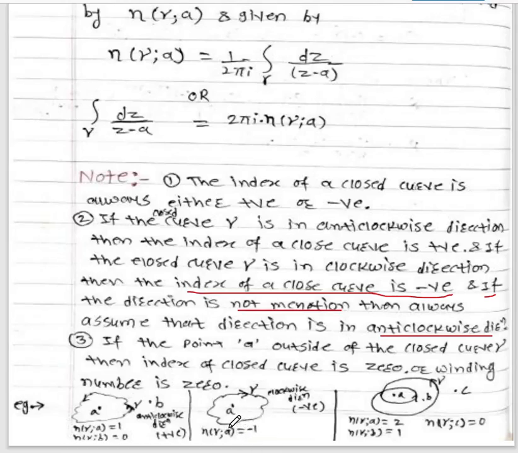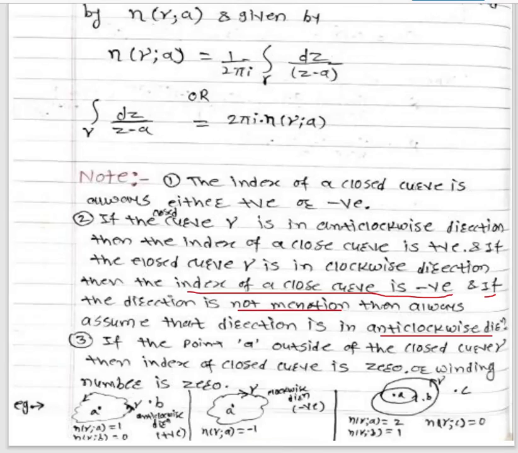Here point A lies inside the curve gamma. Then the index of the closed curve gamma at the point A is -1. Why -1? Because the direction is given as clockwise. Therefore, this is the minus.